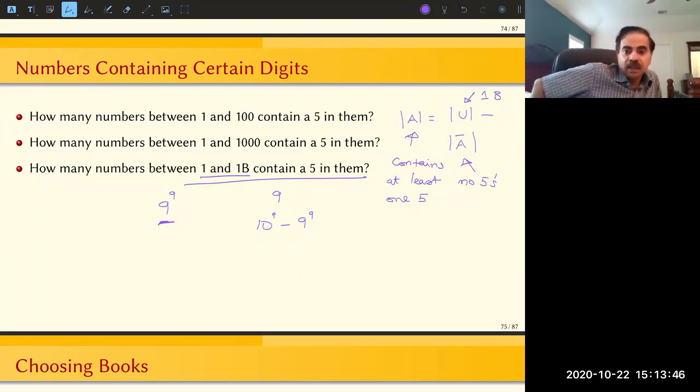Instead of counting how many people or things have a certain property, you look for the set of people or things that don't have the property, and then you simply count the remaining. So instead of looking for numbers that contain a 5 in them, we simply look for the numbers that don't contain a 5 in them, and that set happens to be much easier to compute. And then we get a very quick result: 10 to the power 9 minus 9 to the power 9.